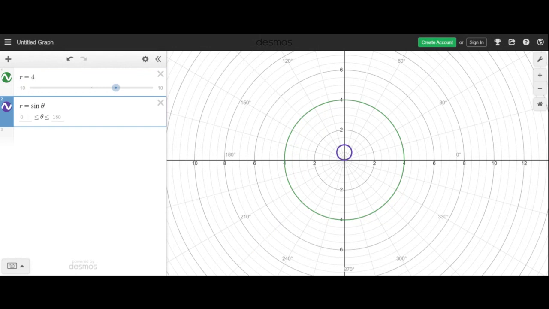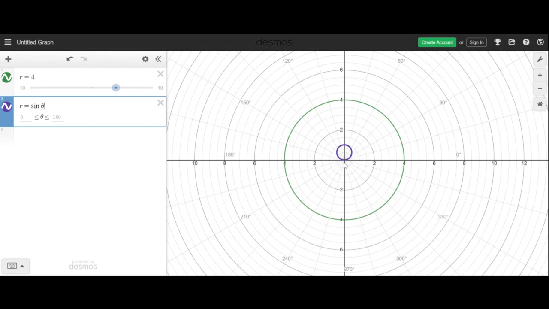So the sine of 0 degrees was 0, and you can see that here on our graph. It works its way up to the sine of 90 being 1, and then back to 0.